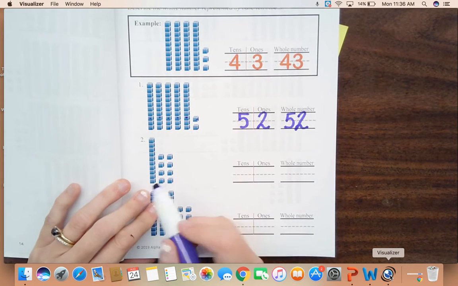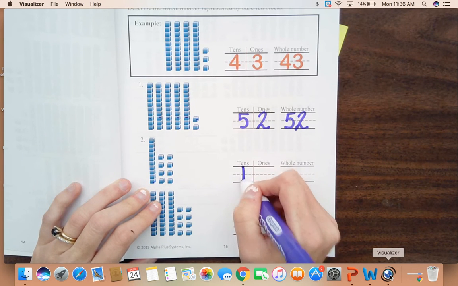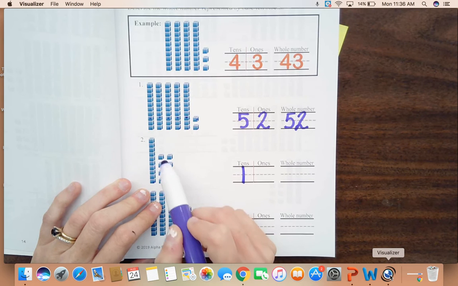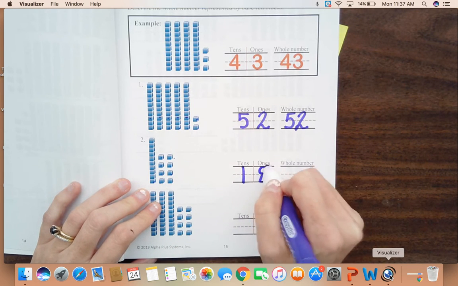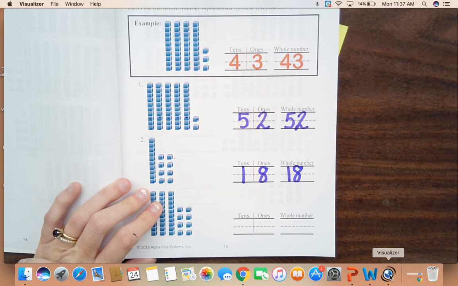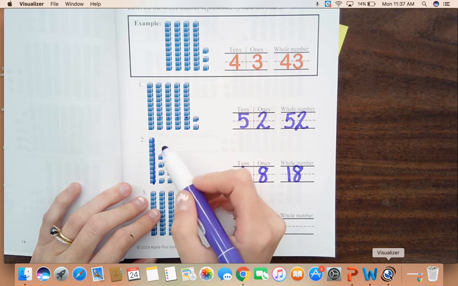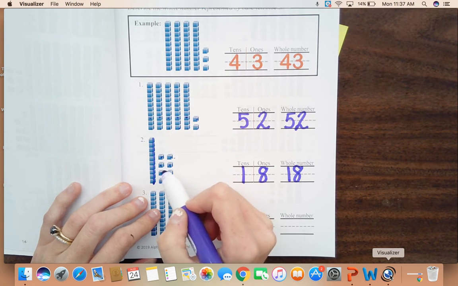All right, next. How many towers of 10 do you have? Only 1. How many little ones left over do you have? 1, 2, 3, 4, 5, 6, 7, 8. 8. So 1, 8, that makes 18. Let's see if we can really have 18 people live in our city. So this whole tower makes 10, plus 1 more, 11, 12, 13, 14, 15, 16, 17, 18.